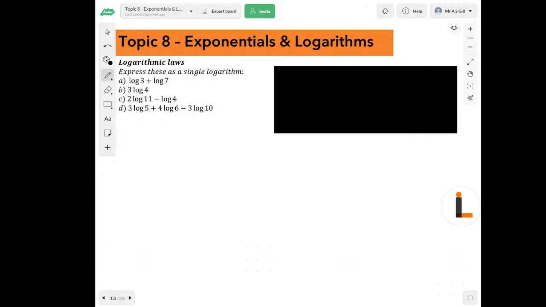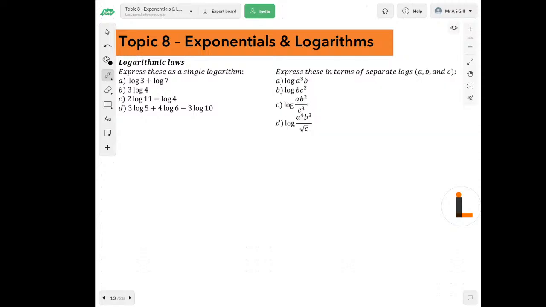So, using those laws, let's have a go at trying to combine these logarithms here. We're trying to simplify them. If you finish with those questions, there's some more on your right hand side here. We're doing the opposite.